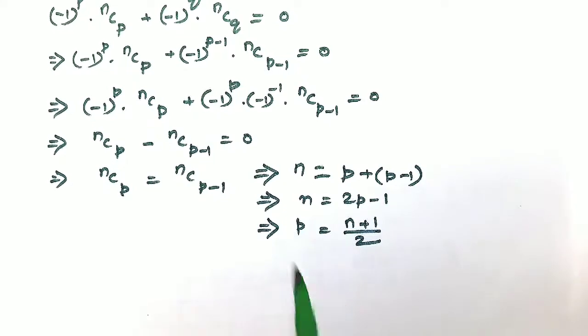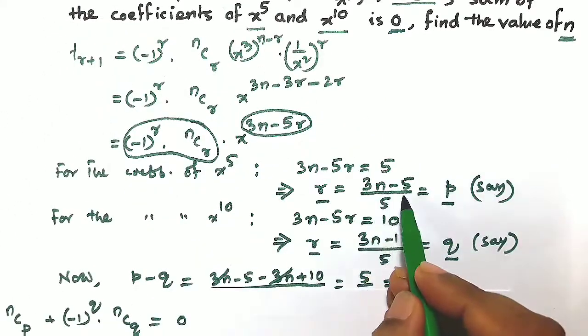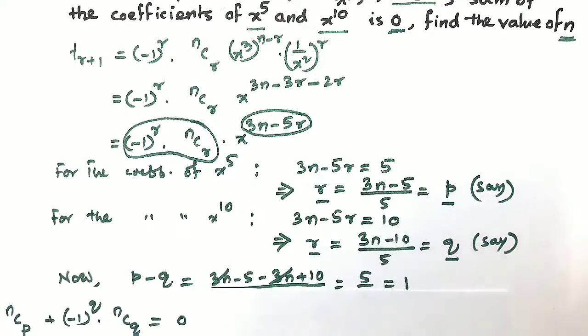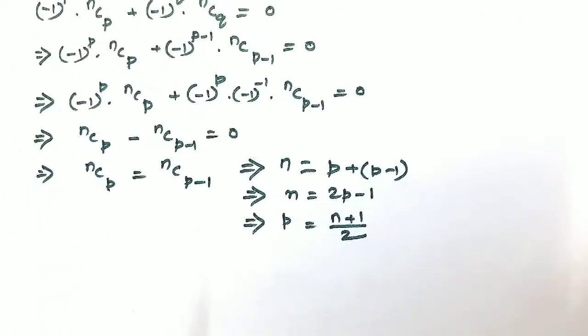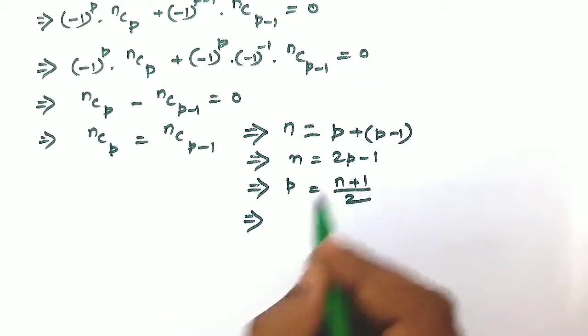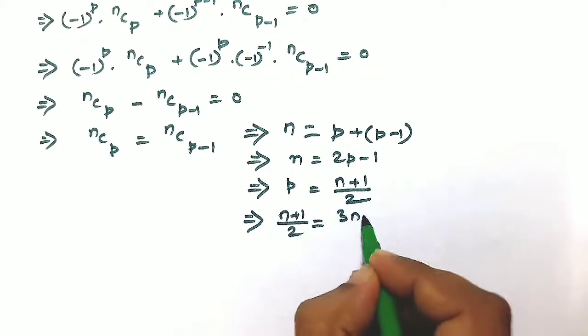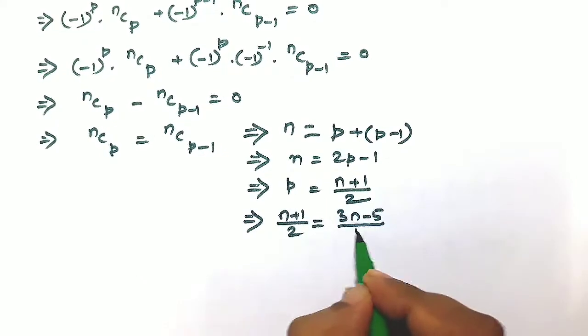Now what is p? You considered p as (3n minus 5) divided by 5. So replace this p by this one. Okay. So we are getting here (n plus 1) divided by 2 is equal to (3n minus 5) upon 5.